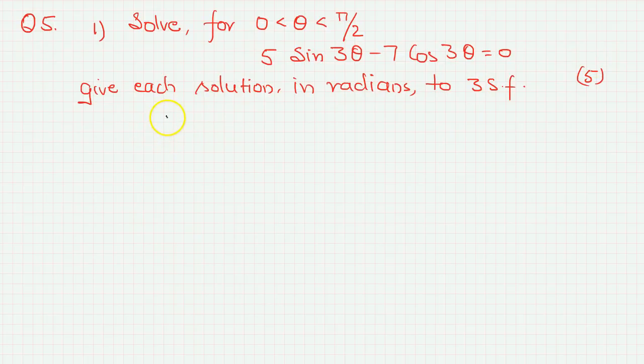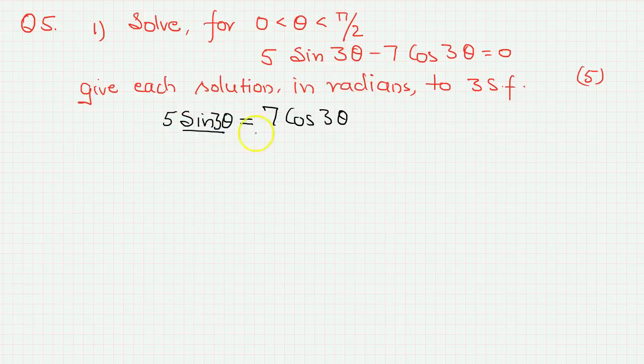Now let's write 5 sin 3 theta minus 7 cos 3 theta is equal to 0, so we can write it 5 sin 3 theta is equal to 7 cos 3 theta.